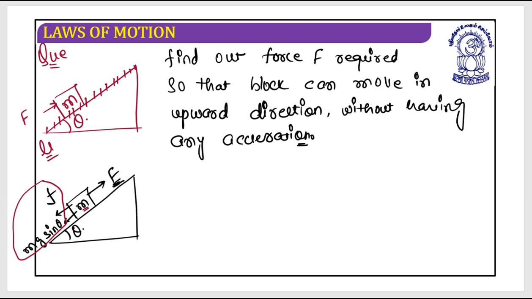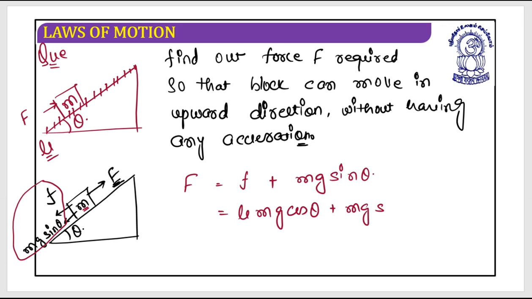So I can write F is equal to friction plus mg sine theta, and this friction could be written as mu mg cos theta plus mg sine theta. This should be the external force required so that this block can move in the upward direction. I hope this is clear. Is it clear? Any issues? No? Great.